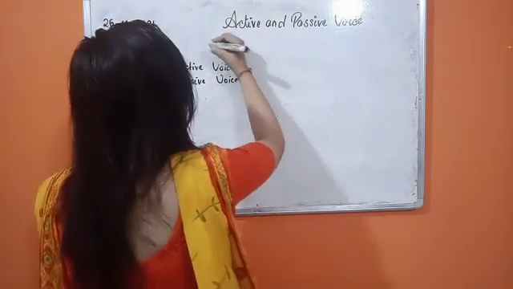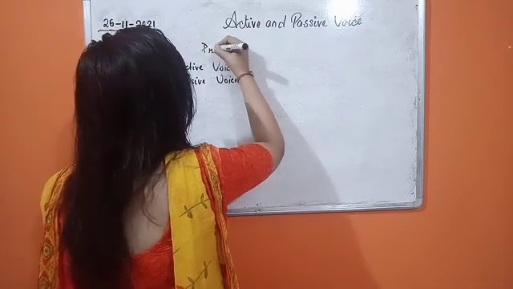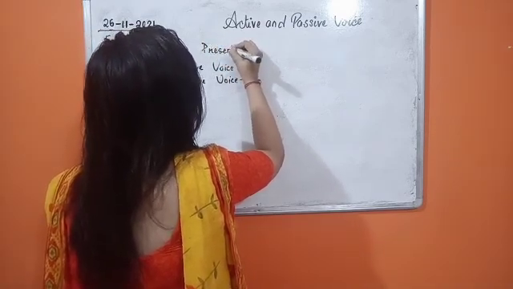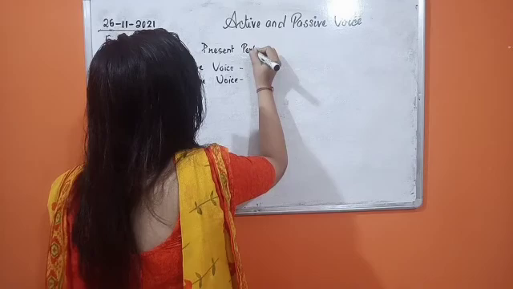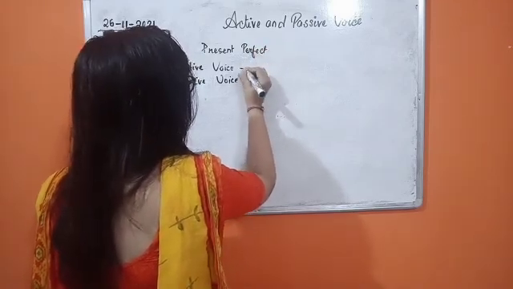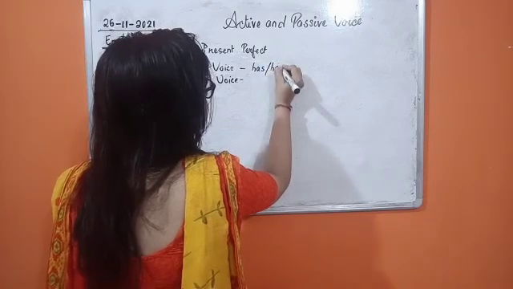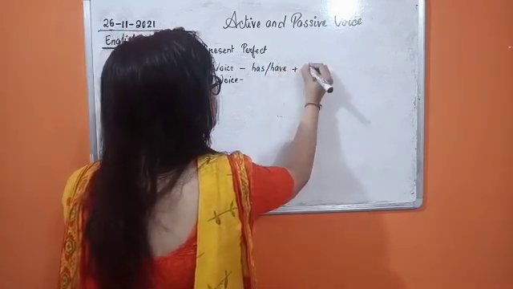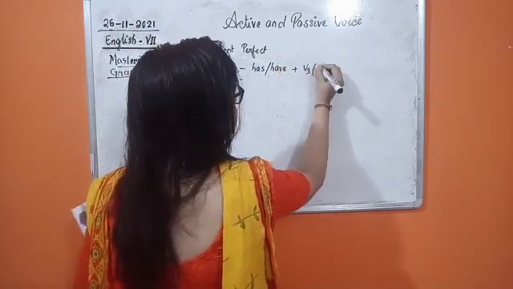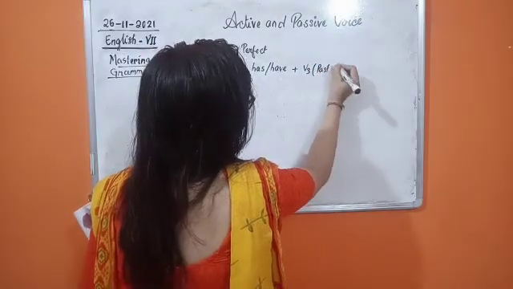Now what did I say? If the tense is present perfect. Okay, what did I say here? In active voice you will see has or have is used. Has for singular, have for plural. Plus the third form of the verb, which is the past participle form.